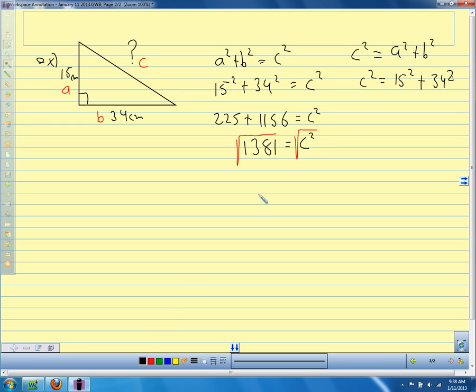And I get about 37.16 is what C equals. And my units would be in centimeters. So C is about 37.16 centimeters.